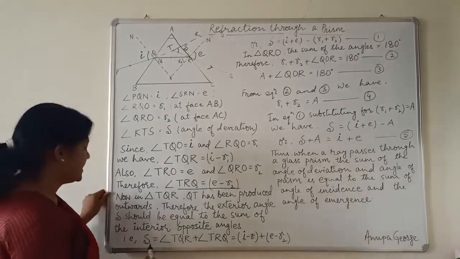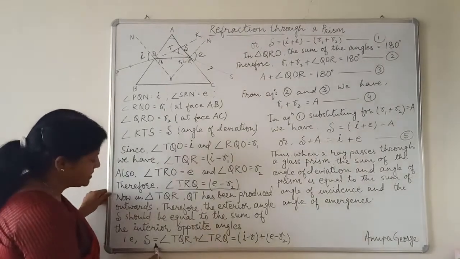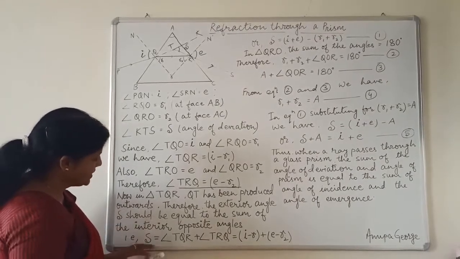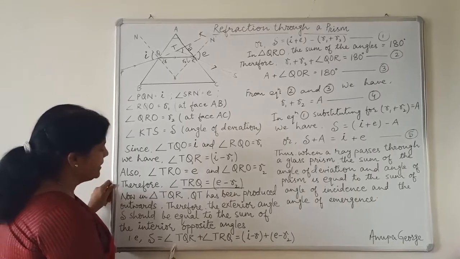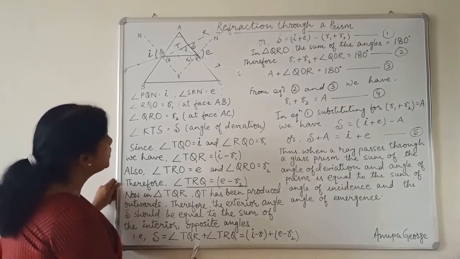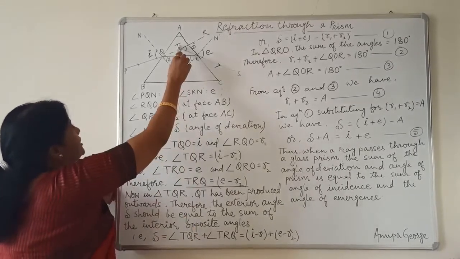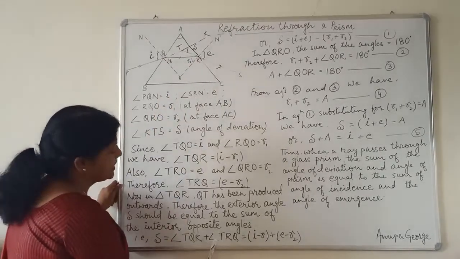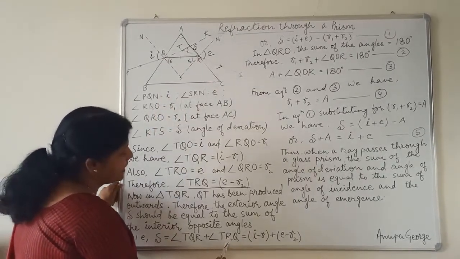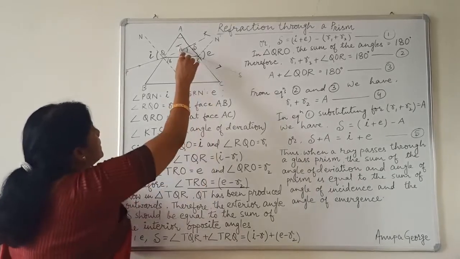That is, delta is equal to angle TQR plus angle TRQ.